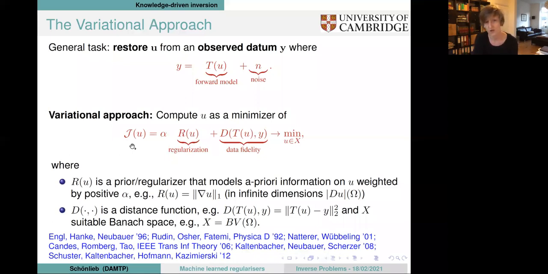The idea is to expand an image in some kind of multi-resolution basis or dictionary, and then assume that it can be sparsely represented there. There are Banach space norms, Sobolev norms, Besov norms, which have been used as regularizers.